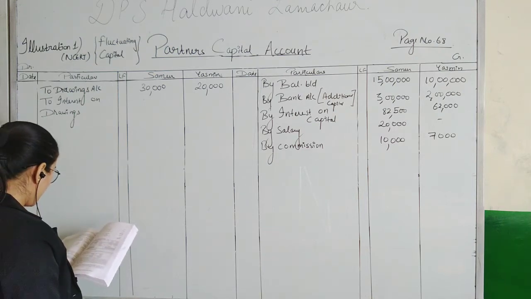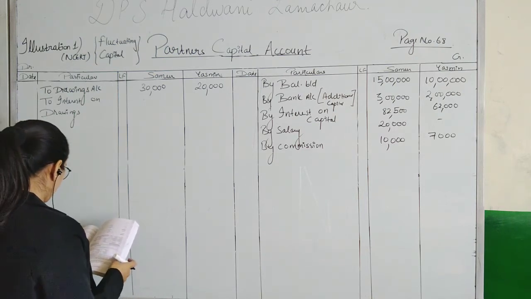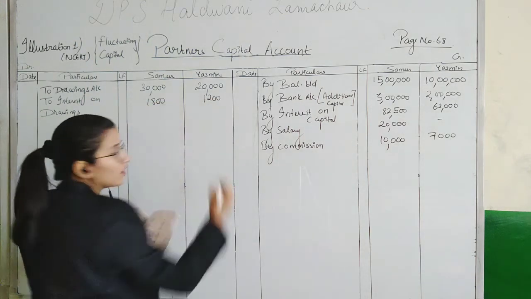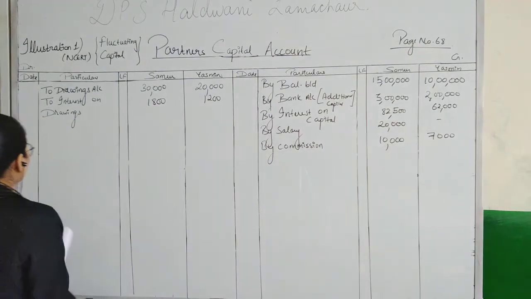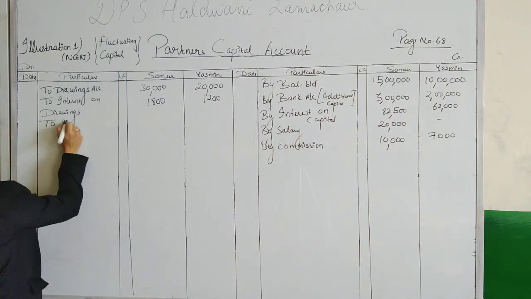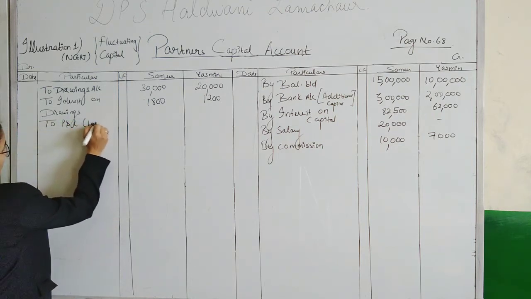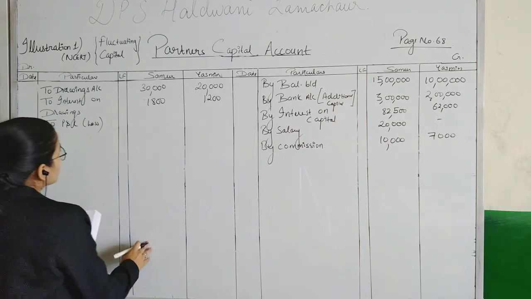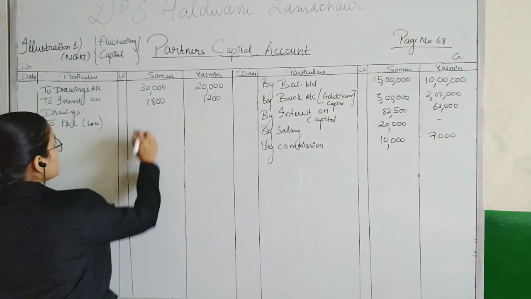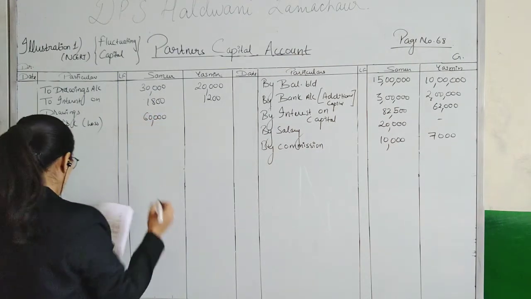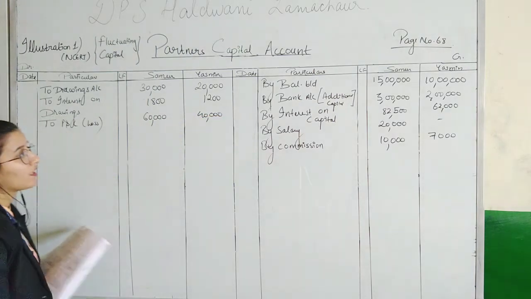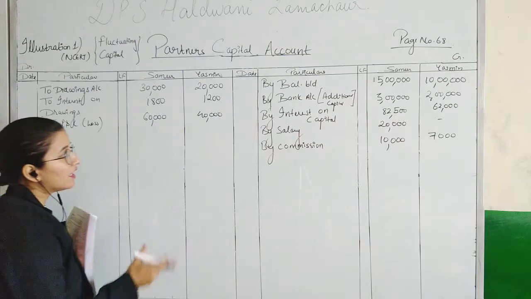So interest on drawings for Sameer will be 1,800 and Yasmin is 1,200. Then losses shared by both the partners, profit and loss, where the partners have borne the loss. Amount of loss borne by Sameer is 60,000 and Yasmin is 40,000.